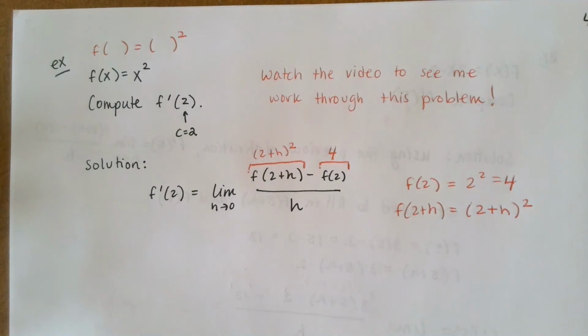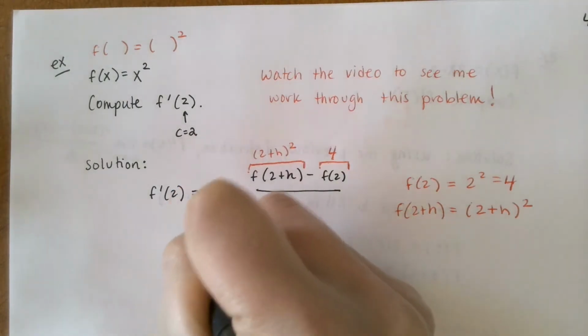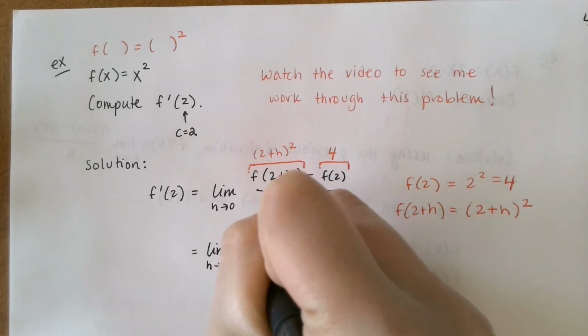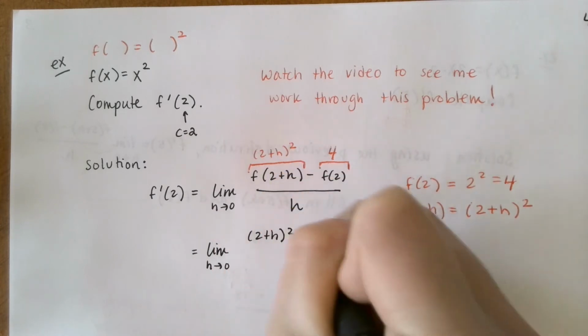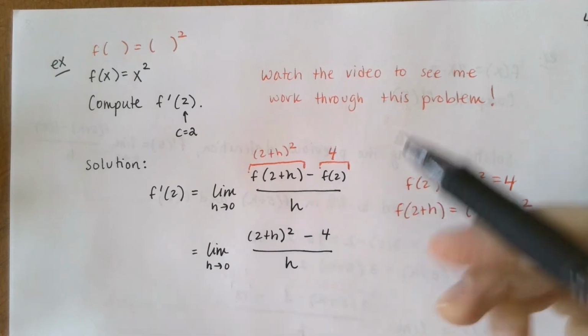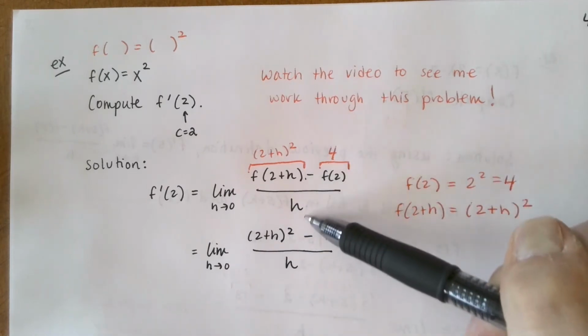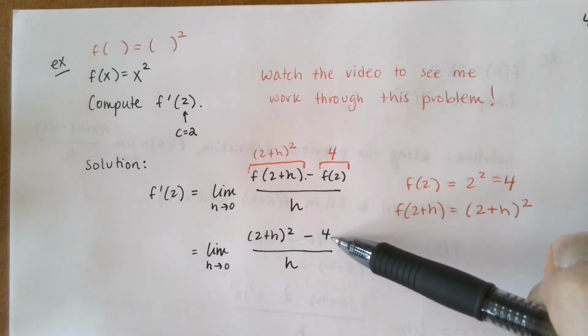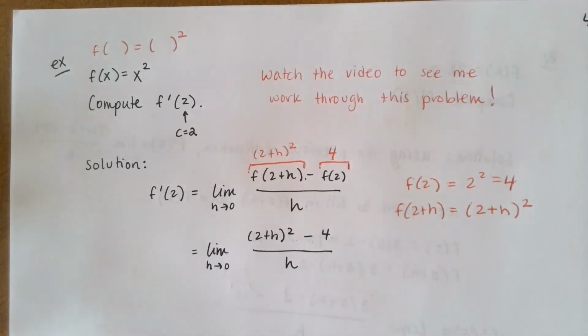Alright, so I'm going to fill in each of those 2 pieces. So now f of 2 plus h is filled in with 2 plus h squared, and f of 2 has been filled in with 4. And I'm still just attempting to compute a limit.